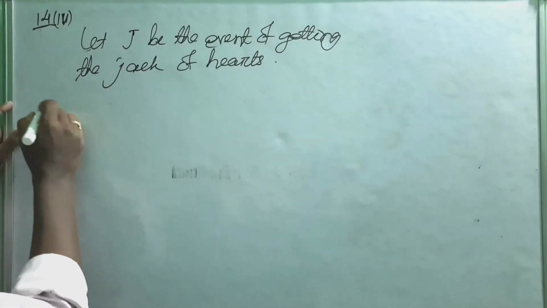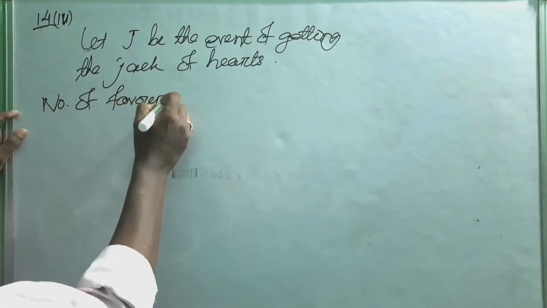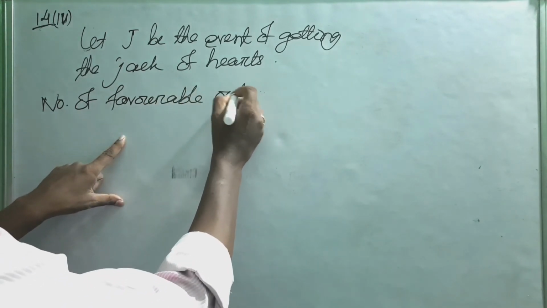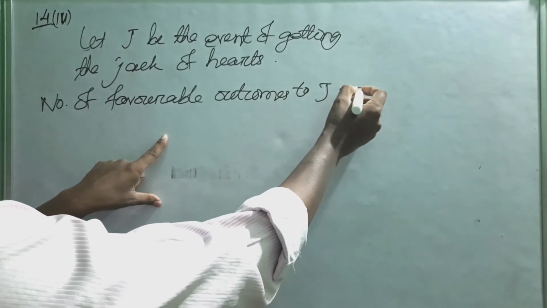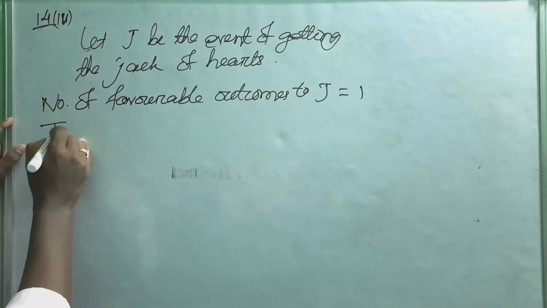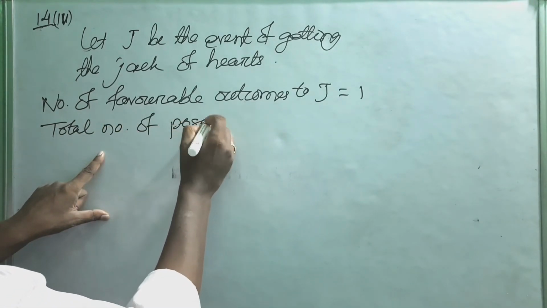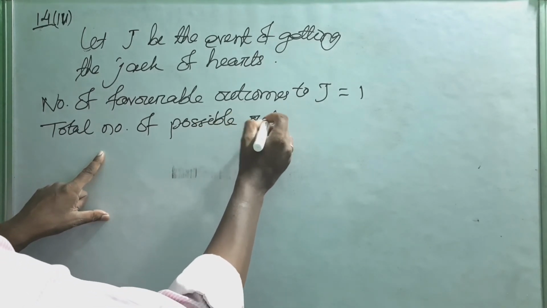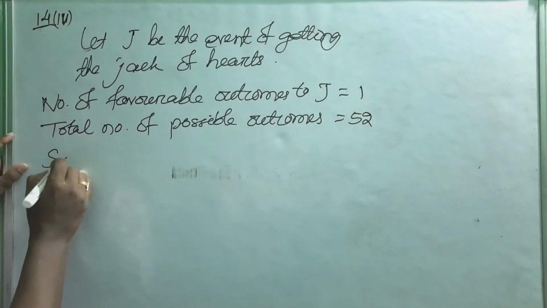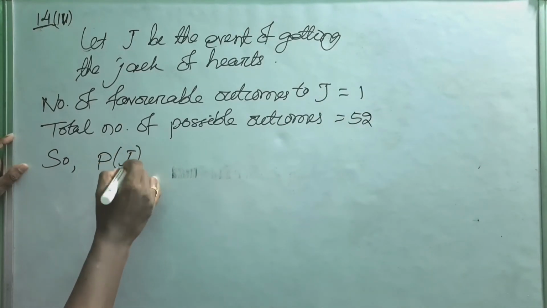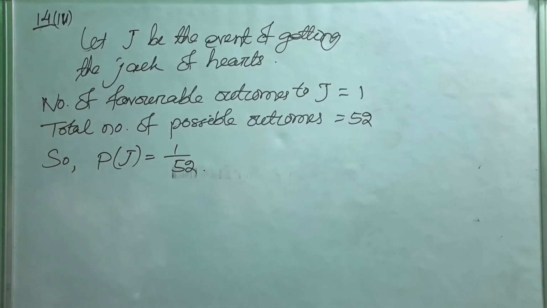Then the number of favorable outcomes to the event J is 1, and the total number of possible outcomes is equal to 52. So the probability of J is equal to 1 by 52. So this is the answer.